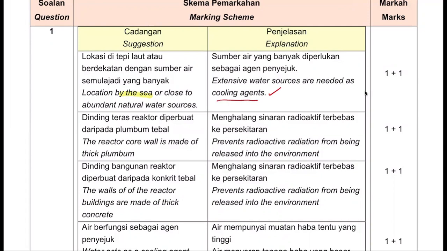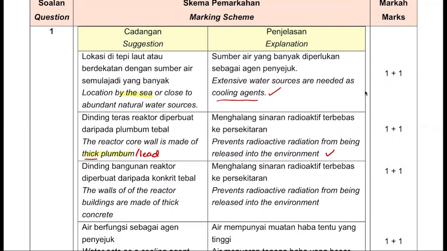Now, the second aspect is the reactor core wall. It should be made from thick plumbum, or lead. Another name for plumbum is lead, and it has to be thick. The reason is to prevent radioactive radiation from being released into the environment, or to prevent leakage.